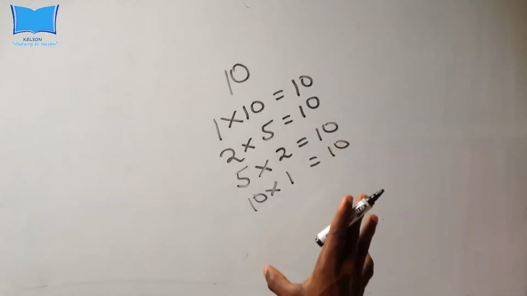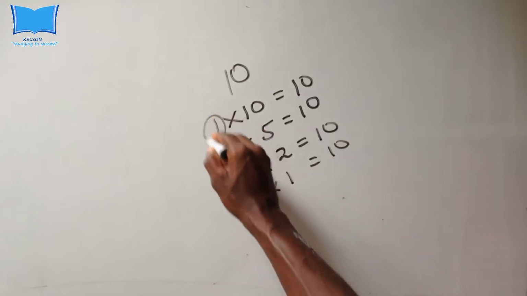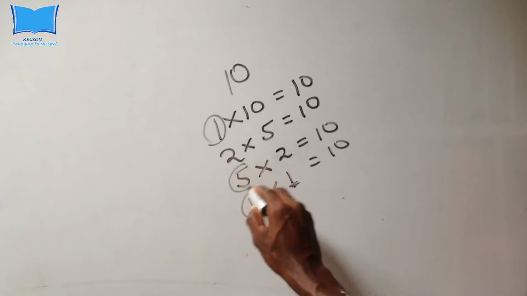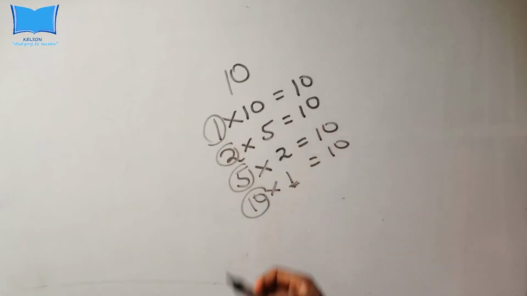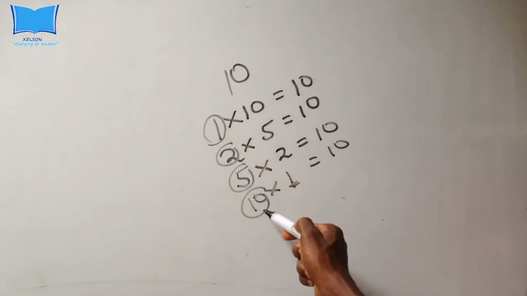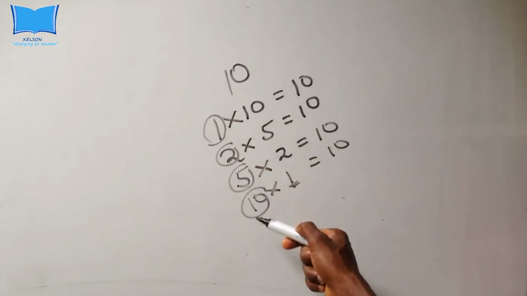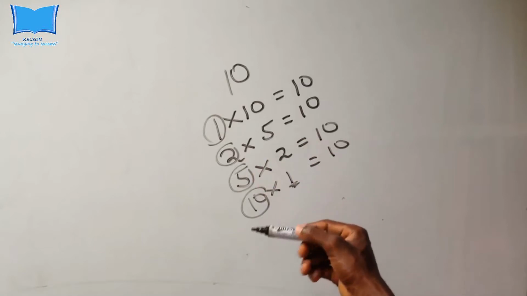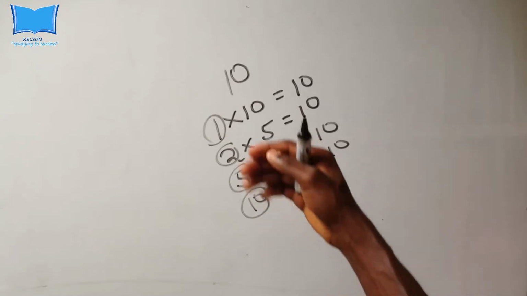If you look closely at the numbers we have here, we have 1 here already, repeating itself here. We have 10, we have 5, we have 2. So on one side the numbers are moving from the lowest to the largest, and on the other side from the largest to the smallest. Sometimes you don't exactly have to write all these numbers.